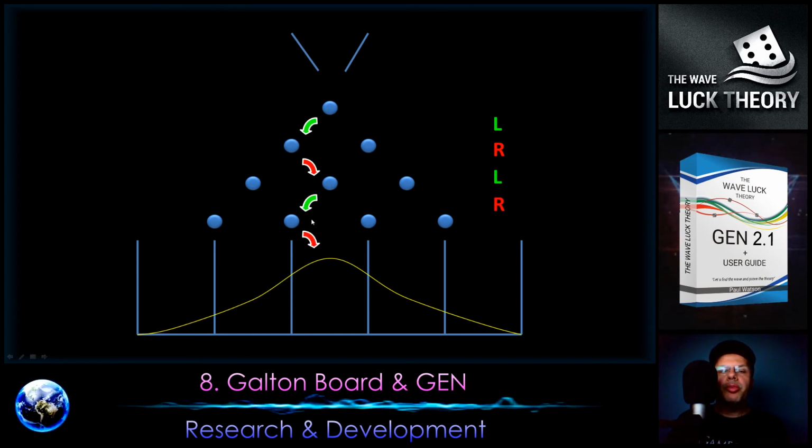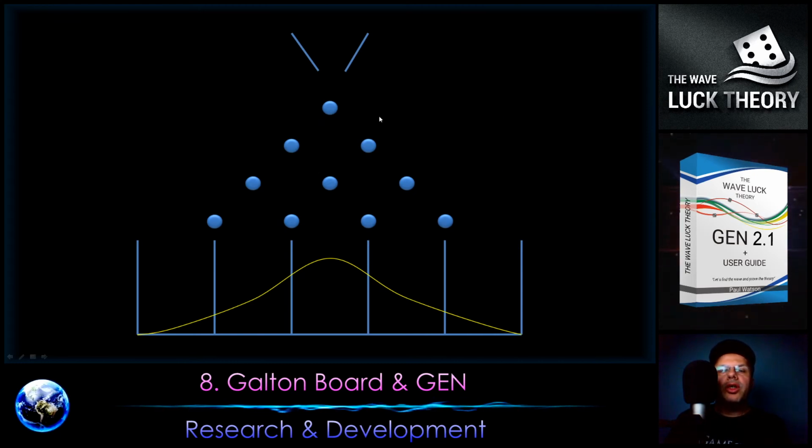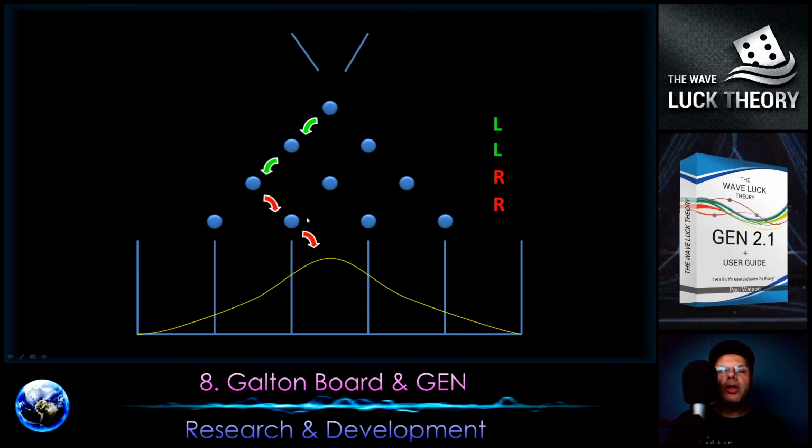So this is a repeated sequence. Or it can go to the right, to the left, to the right, and to the left. Here you can see two almost the same patterns. Or we can have it that it goes to the left, and then to the right and to the right.